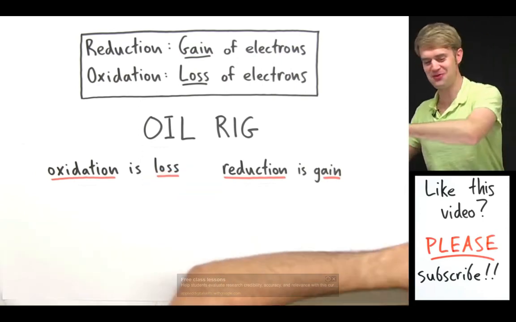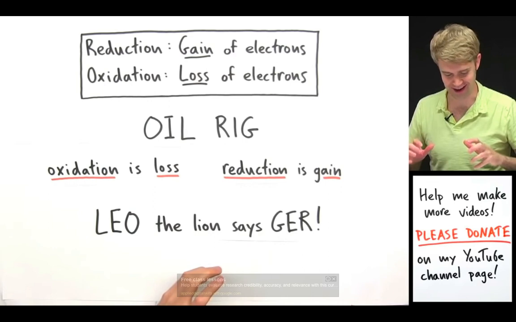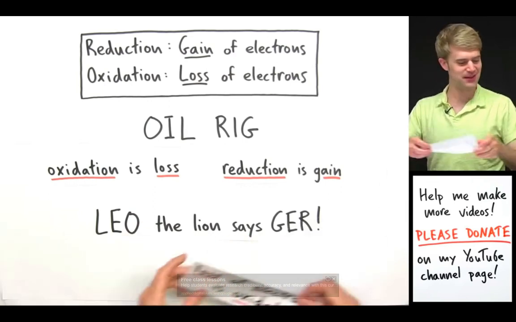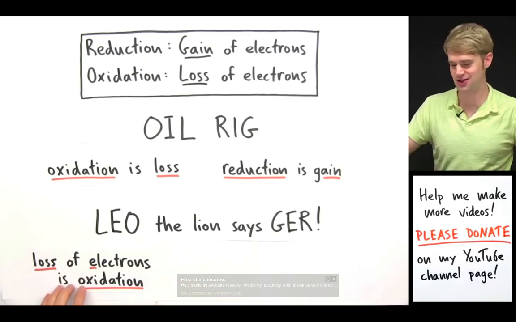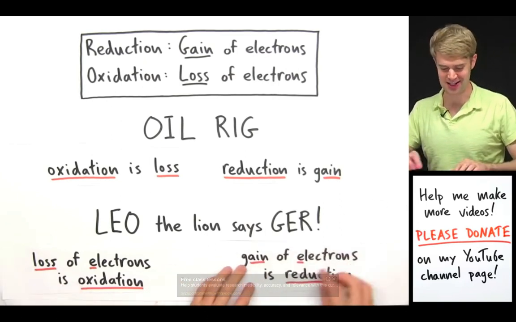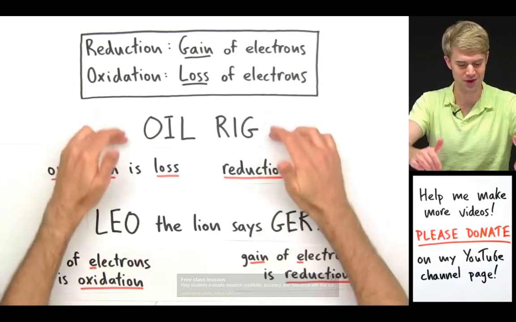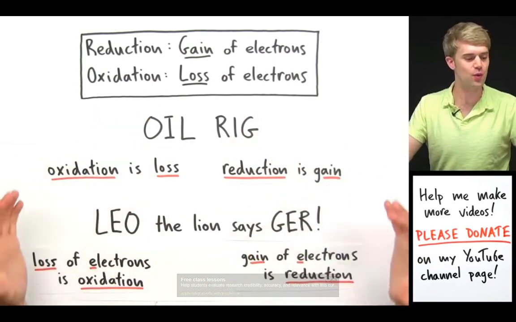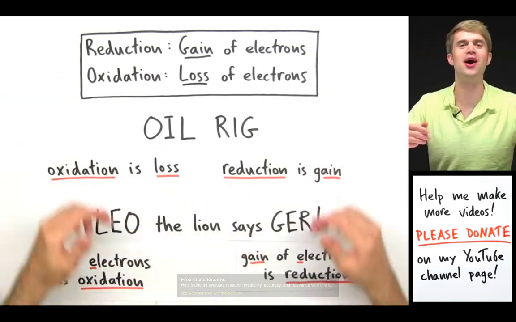Here's another one you might like if you like animals. Leo the lion says GER. LEO stands for loss of electrons is oxidation, and GER stands for gain of electrons is reduction. So learn one or both of these. They'll be a great way that you can always remember what reduction is and what oxidation is.